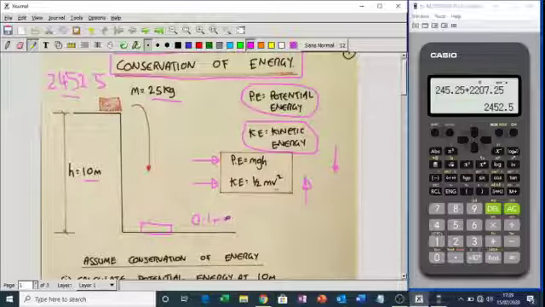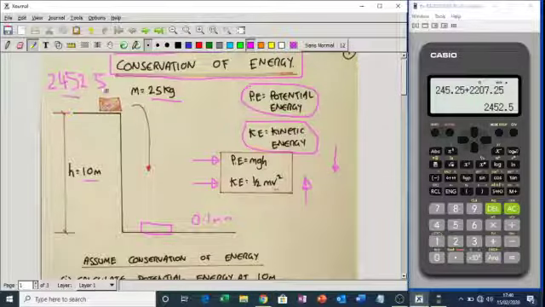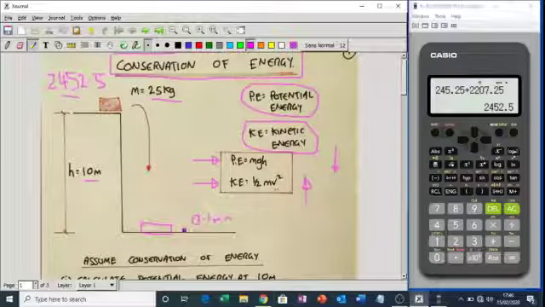I'll say 0.1 of a millimeter, which is negligible compared to that. So I'm assuming that all the energy has been converted to kinetic, and just before it hits the floor, all of the kinetic energy has been converted into velocity.